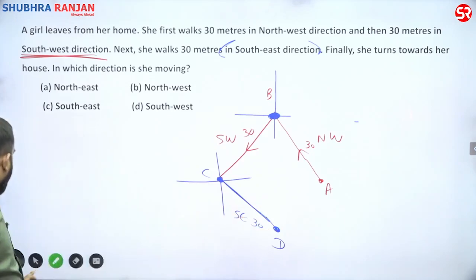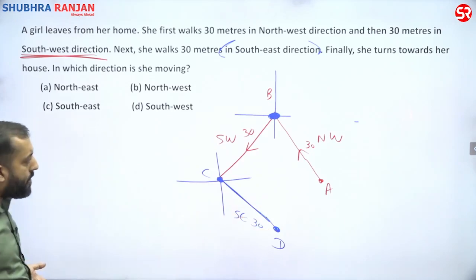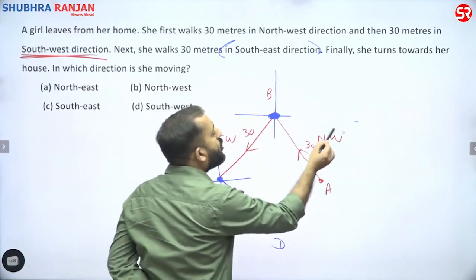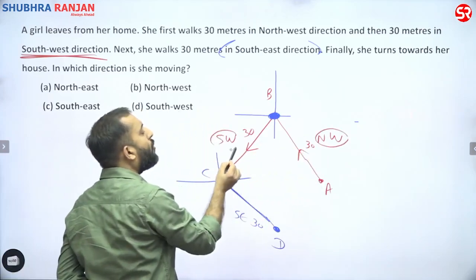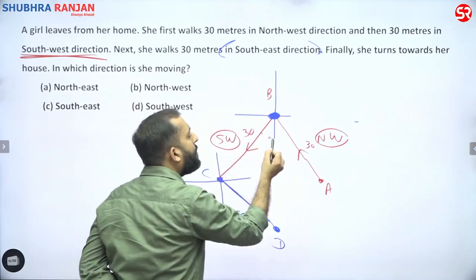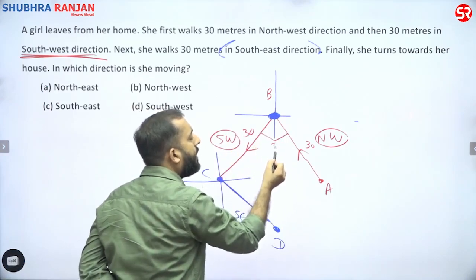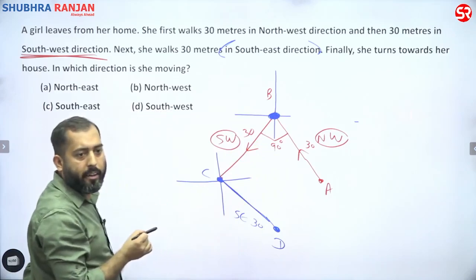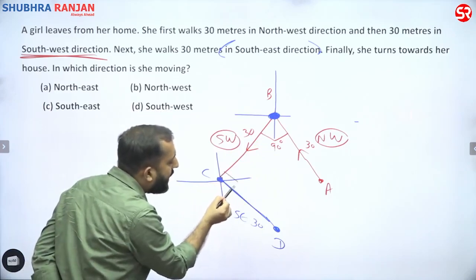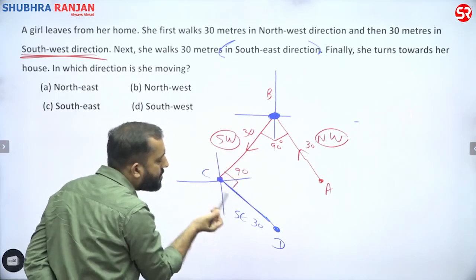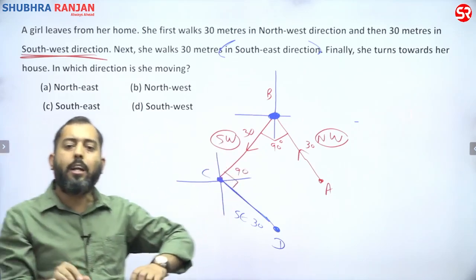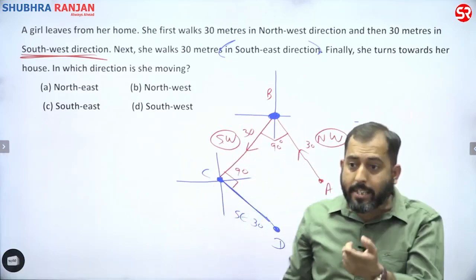Okay, now finally what you can do is, see, this was northwest direction, this is southwest direction, so the angle between both of these has to be 90 degree. Right? This angle has to be 90 degree because this is southwest, this is southeast. I told you the angle between the adjacent minor direction is 90 degree.